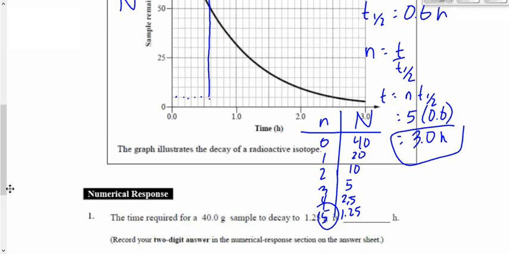Make sense? Yes? Anybody do it a little bit differently? Because there is kind of another way to do this one. Just look at the graph. Well, be careful. What you don't want to do is go 1.25 and go over and down. Go ahead, Braden.